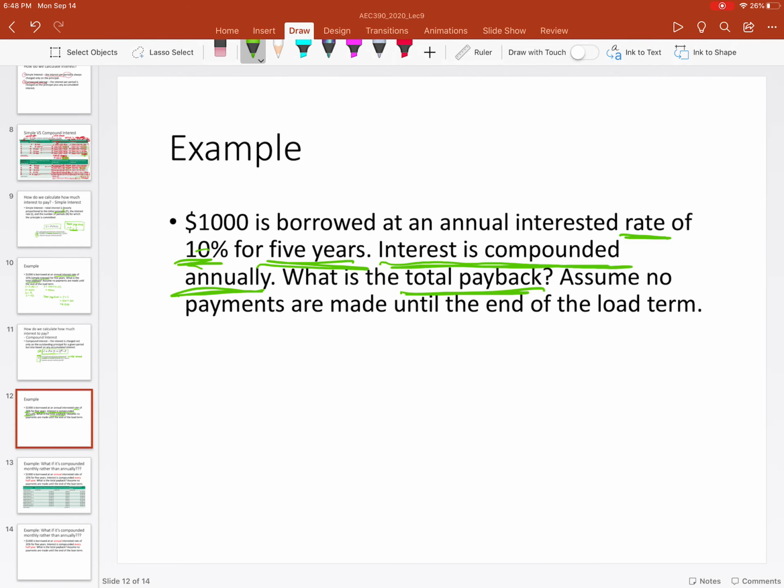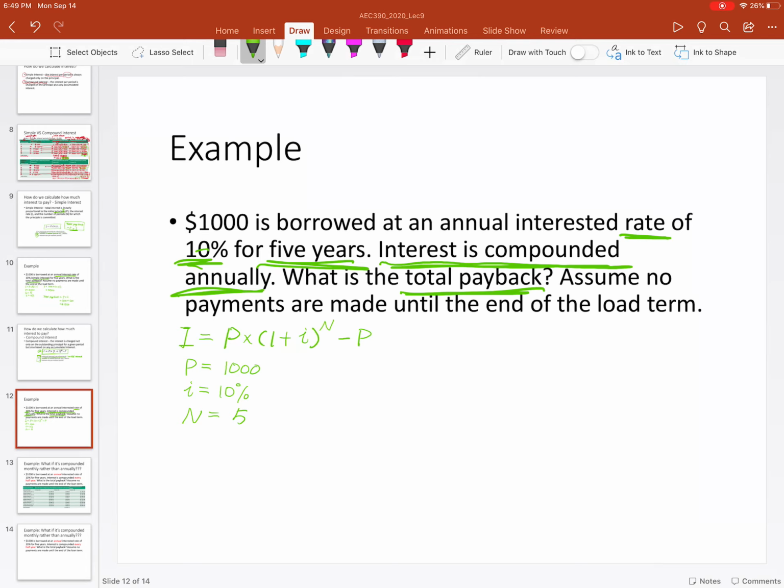If it's compound interest, I is P times 1 plus the interest rate to the power of n minus P. And based on the given condition, we know P is 1,000. i is still 10%. N is how many times you calculate the interest. Because it's an annual interest rate, it's calculated every year, and you have 5 years in total, so N is 5.